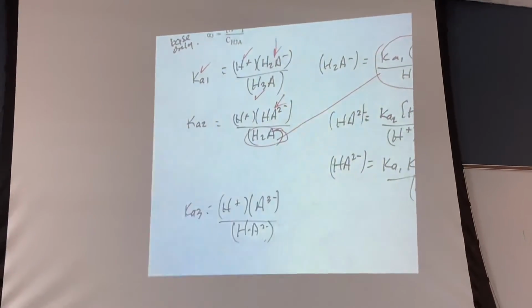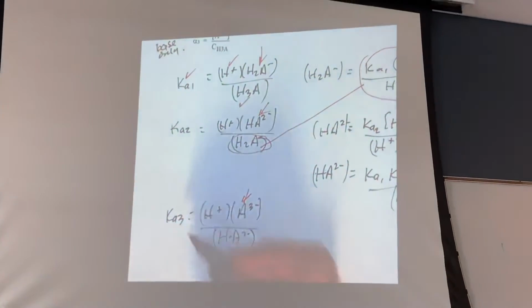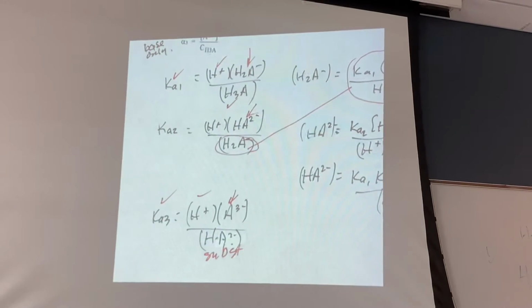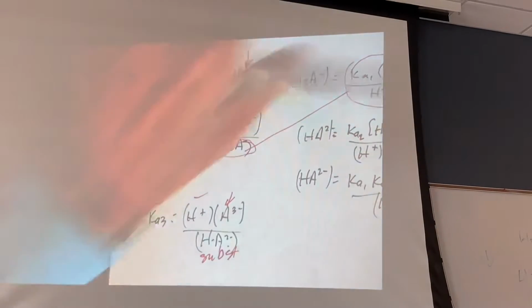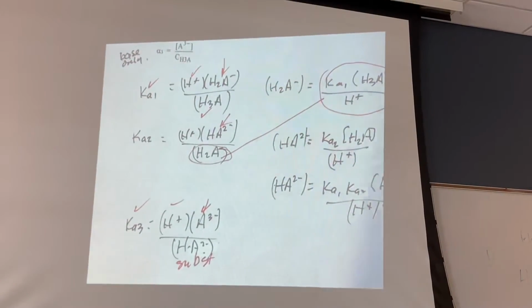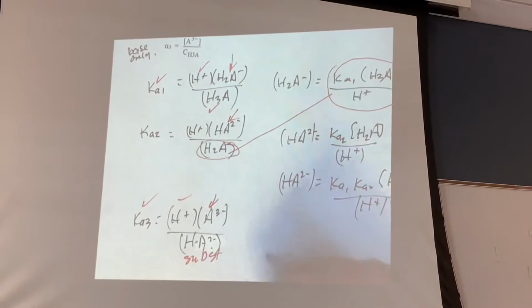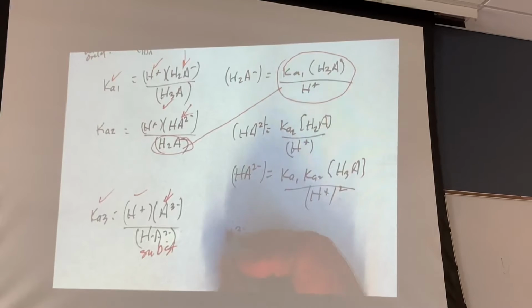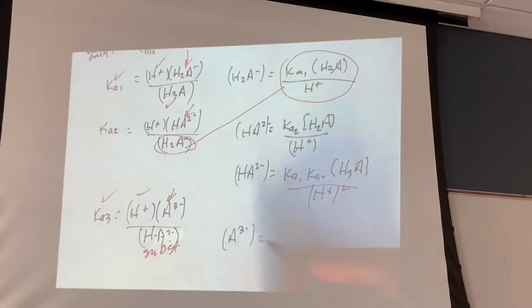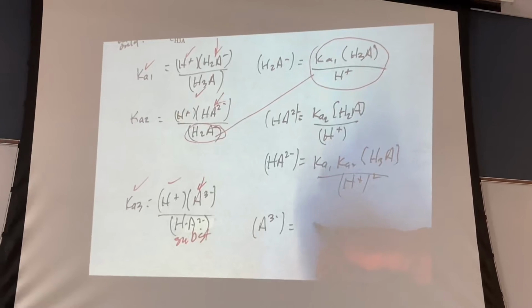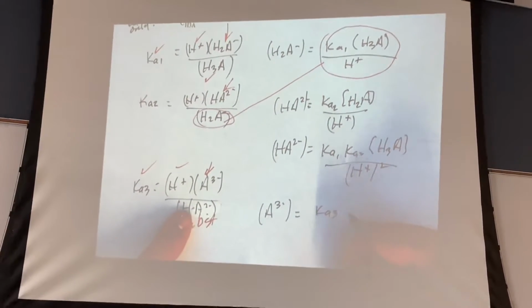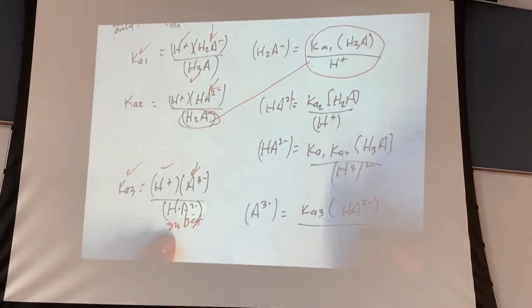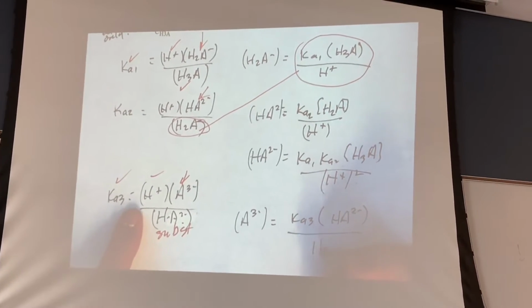I'm going to solve for A3 minus here. I'm going to keep this and this. I'm going to substitute this. And I'm going to have an expression for A3 minus in terms of H's, K's, or pH and K's. So A3 minus is going to be equal to, from this, Ka3 times HA2 minus all over H plus.